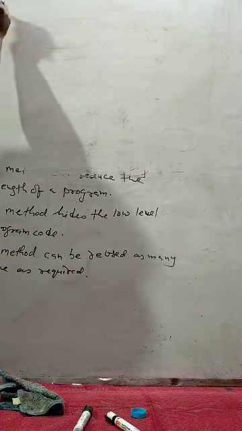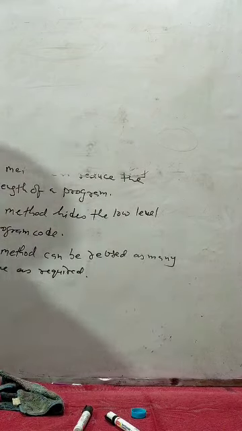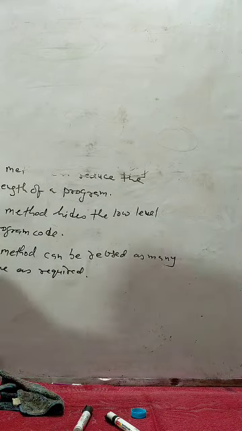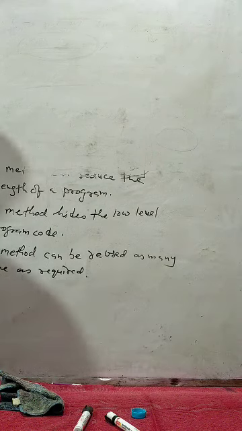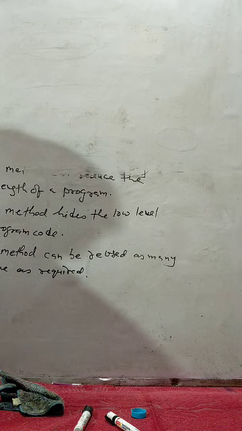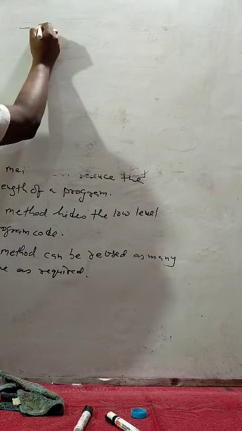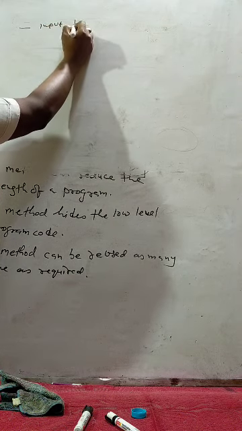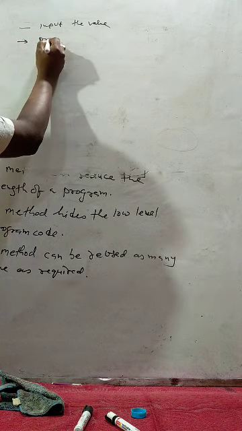And the fourth part is, see, in standard 9 we are doing our program in only one method, that is just under void display or void main. But basically in any program we have to do three main things. First is input the value. Second is processing.